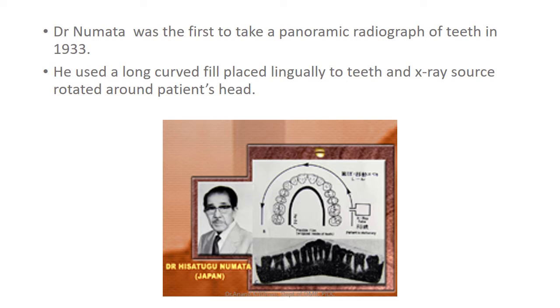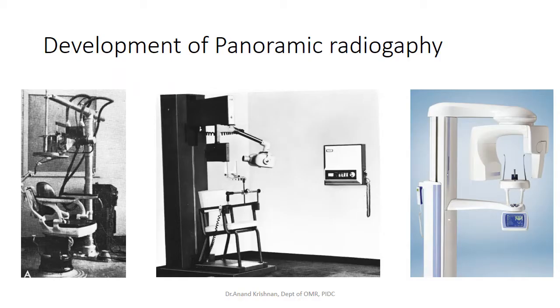But then at some point it was realized that with the film placed intraorally, it was both uncomfortable for the patient, and also the amount of structure covered by the film was sometimes not adequate, not serving the purpose. We came out with placement of the film outside the mouth, that is extraorally. So both the source and the receptor were placed extraorally.